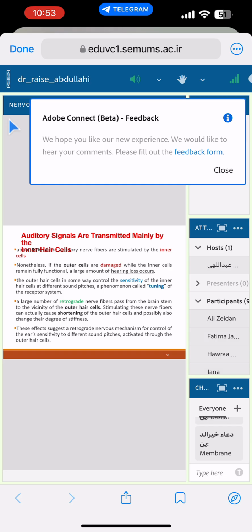As I told you, auditory signals are transmitted mainly by the inner hair cells, so inner hair cells are more important compared to the outer hair cells.